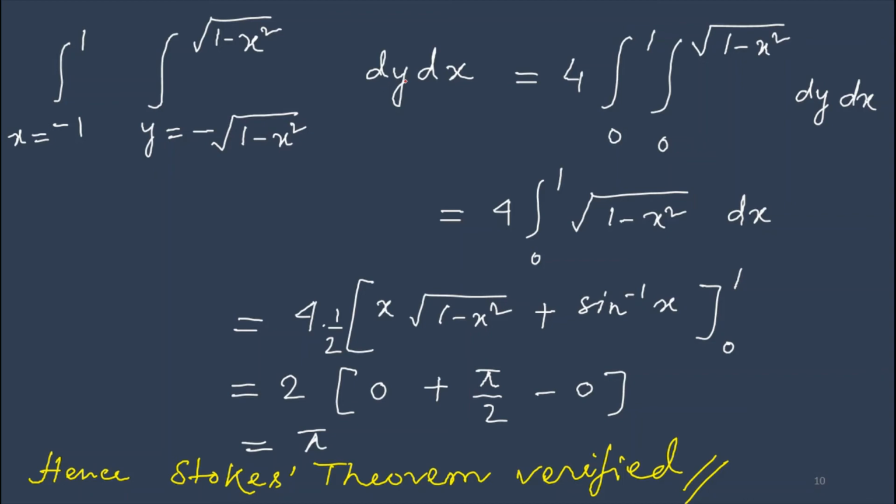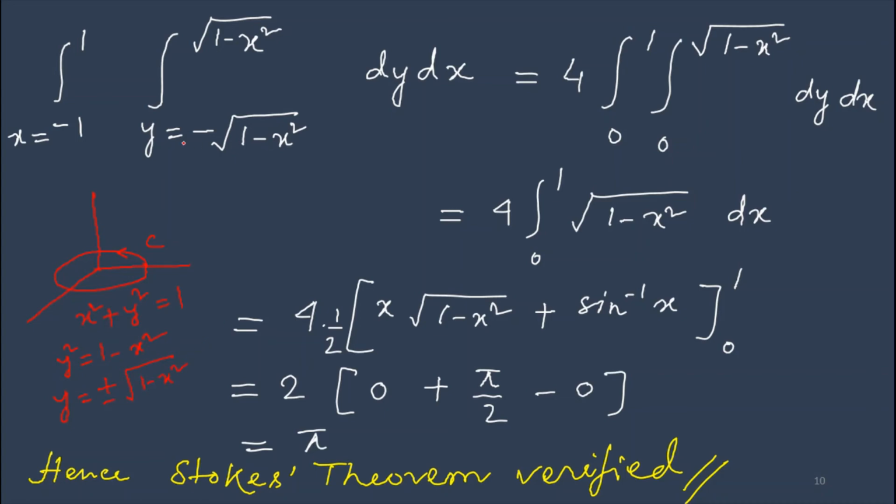Here we have taken y first. So the y limits are from minus square root of 1 minus x squared to square root of 1 minus x squared, because the base was a circle, x squared plus y squared is 1, and y squared is 1 minus x squared, and y is plus minus square root of 1 minus x squared.